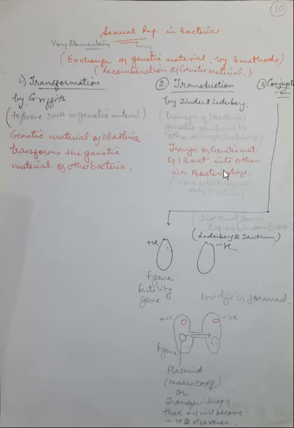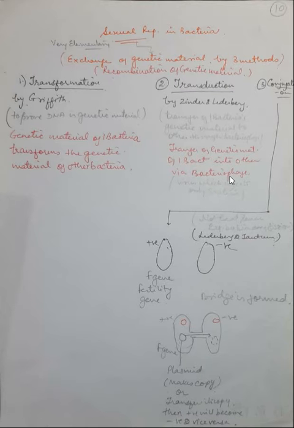Here the bacteriophage is like a carrier. It is nothing but a virus which infects only bacteria. So this transfer takes place through the bacteriophage, whereas in transformation there was a direct transmission from one bacterium to another.